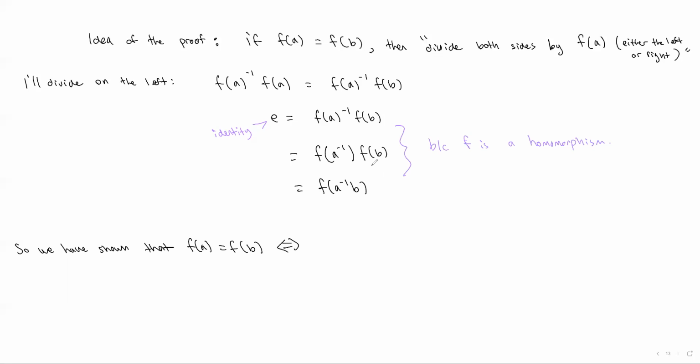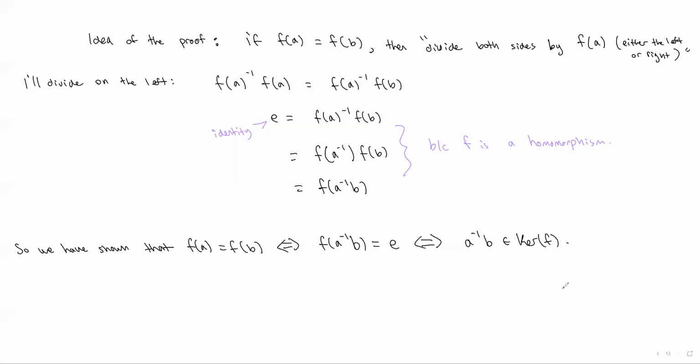So I can go backwards. If f of A inverse B is equal to identity, I can multiply both sides by f of A and get back to f of A equals f of B. So this holds if and only if f of A inverse B is equal to the identity, which holds if and only if A inverse B is in the kernel of f.